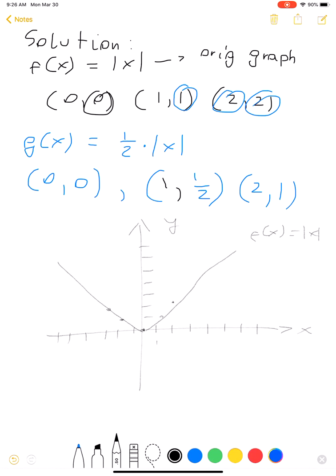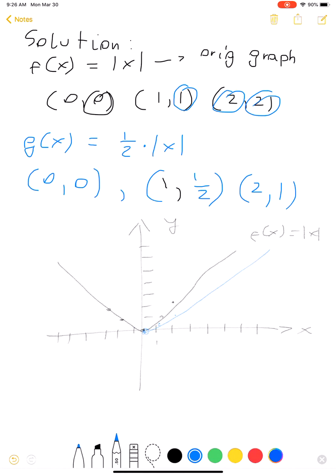Now we're going to graph g of x. So we have a point 0, 0, 1, 1/2, and then 2, 1. So that way. And on the other side, you have -1, 1/2.